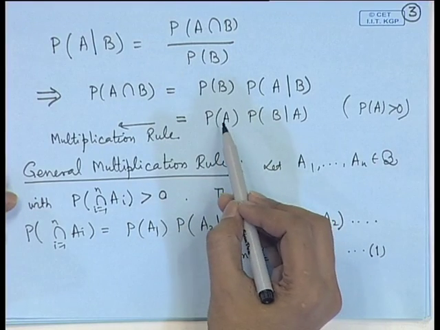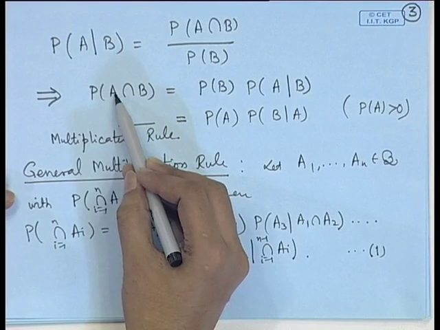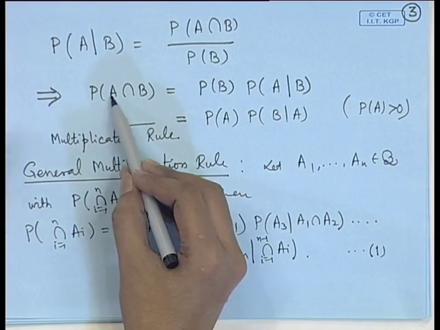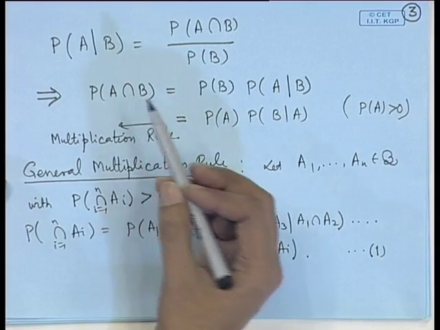Suppose A is the event of getting cured and B is the event of taking a particular treatment.